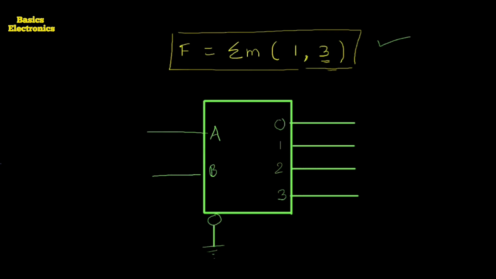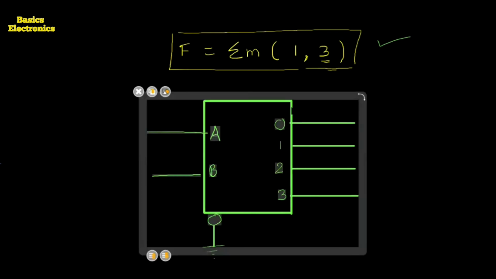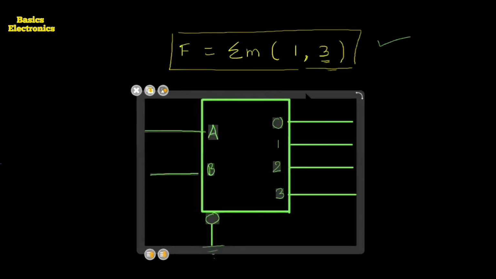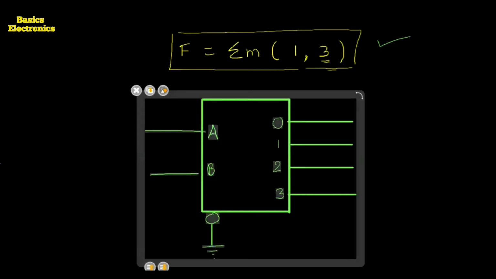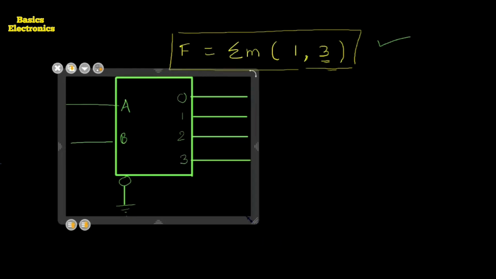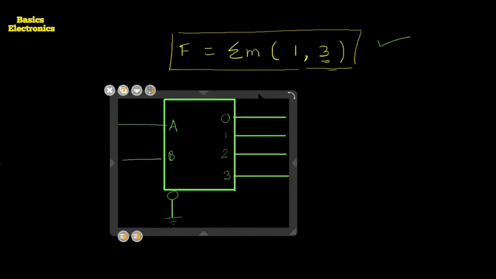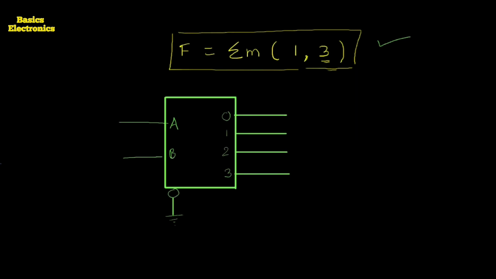So first we implement it by using the OR gate here. We first draw the symbol of the demultiplexer which we are using. The demultiplexer is decided by the equation, and in the equation it is given by the digits.